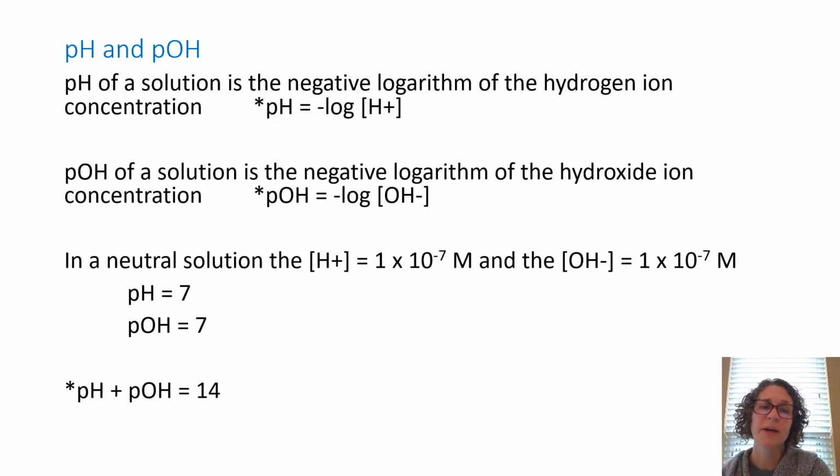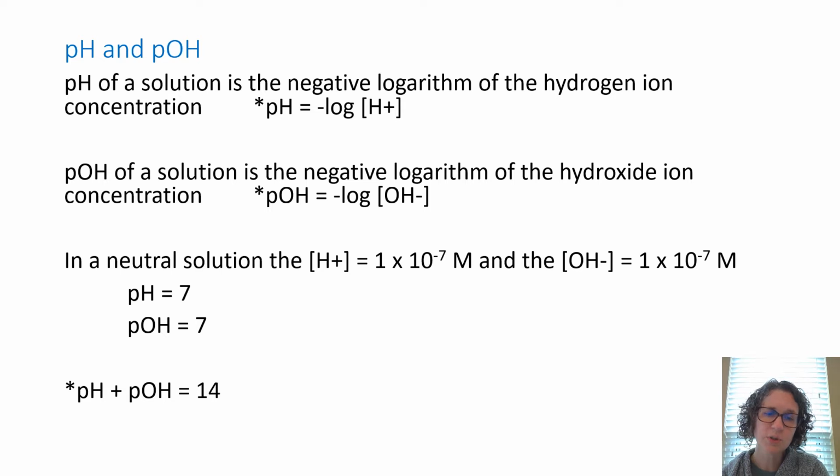And from these calculations, we get our pH scale, and they are kind of inverse of each other, like I was saying with hydrogen and hydroxide. Because of that, we base everything basically on 7.